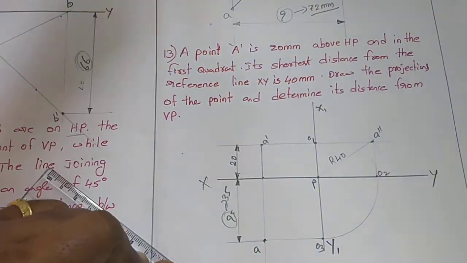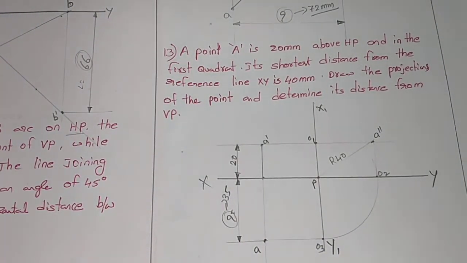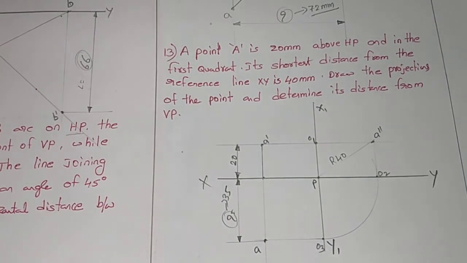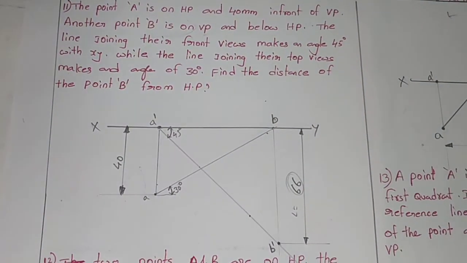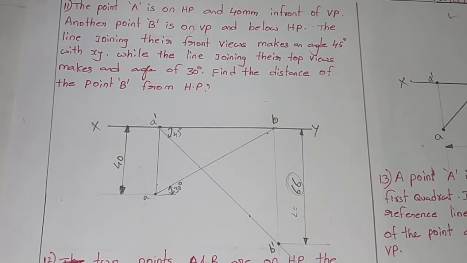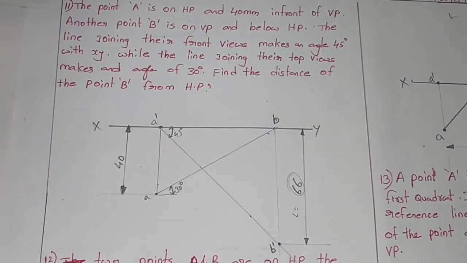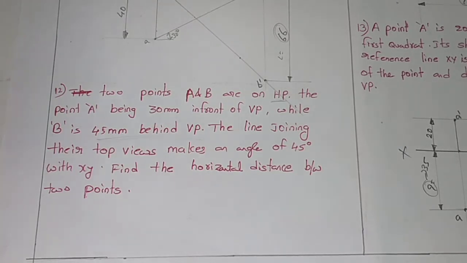Okay, like this, we need to find out distances from the given conditions of the problem. In the first problem, we calculated the distance of point B dash below the horizontal plane. Next, in the second problem, they gave the data of 2 points.